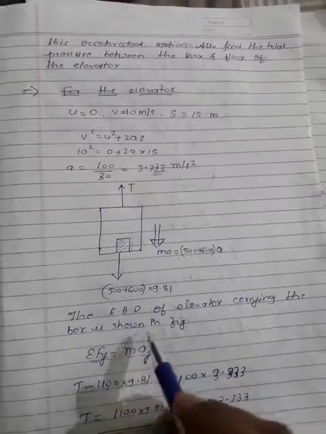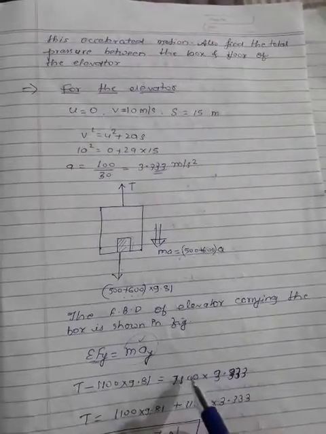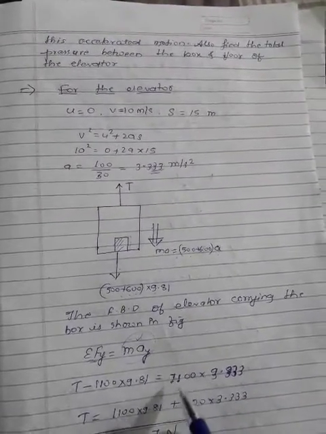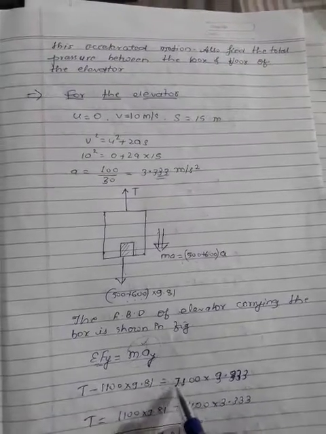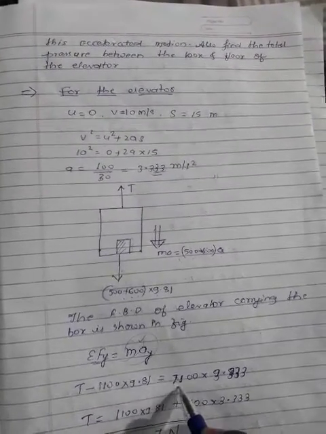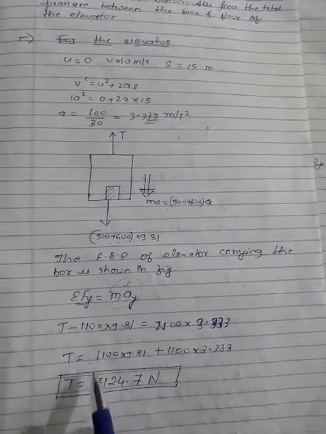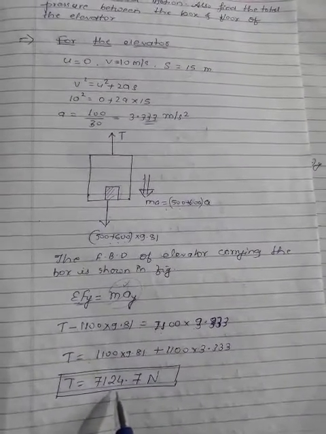All the terms in the direction of motion I am considering as positive. So m is nothing but 1100 into 3.333. So I will get the T value as 7124.7 Newton.